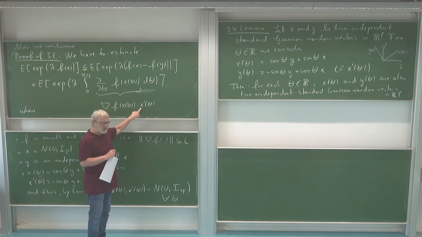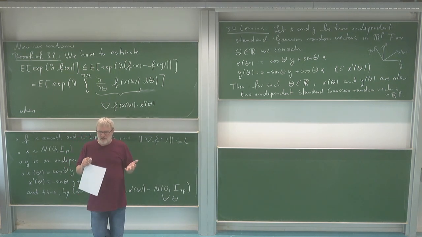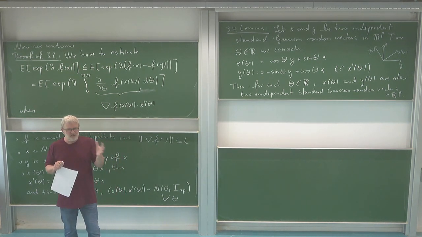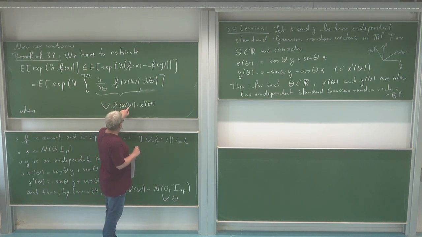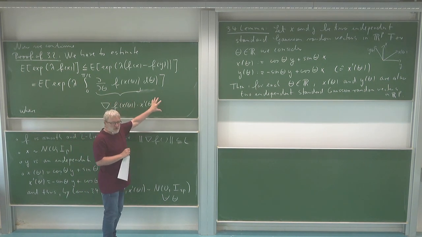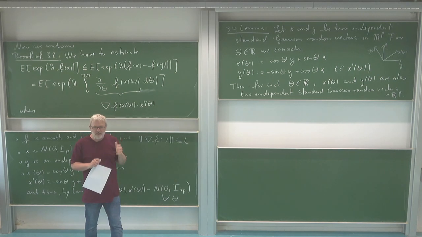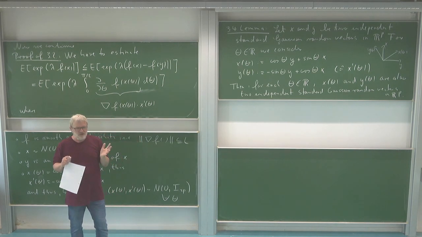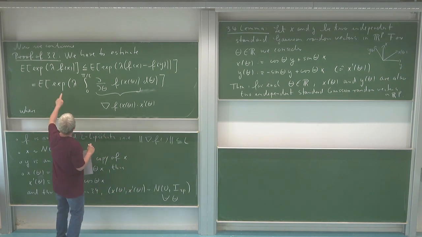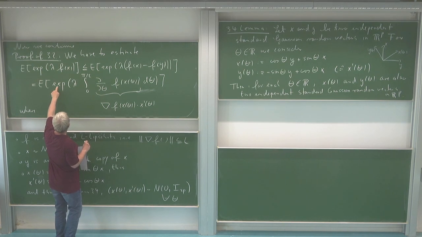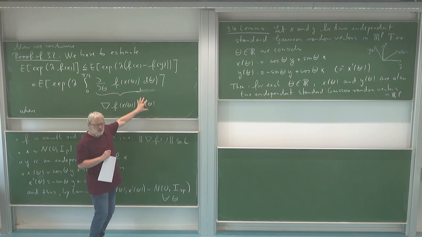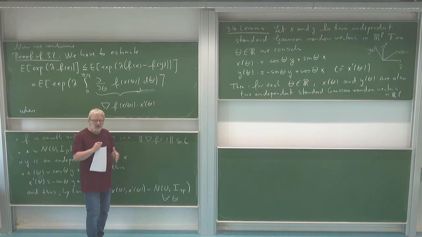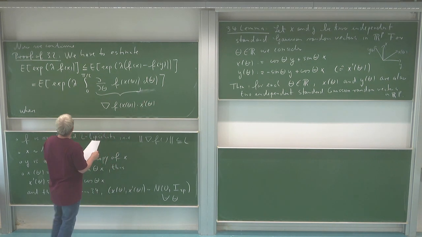And if I take a linear combination of independent Gaussians, I get again a Gaussian. So fixing x of theta, this is a Gaussian vector, and so if I have e to the lambda times this, then I could control it. So what would be good is if I could bring this exponential here to this guy here, because then I could use estimates for Gaussian distributions. And that's the first step of what I'm doing.